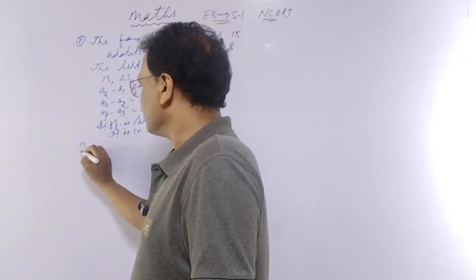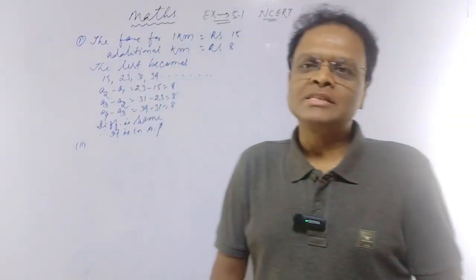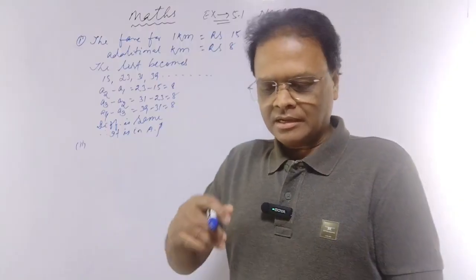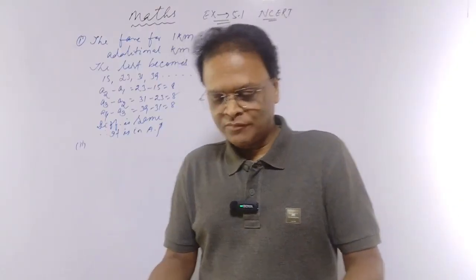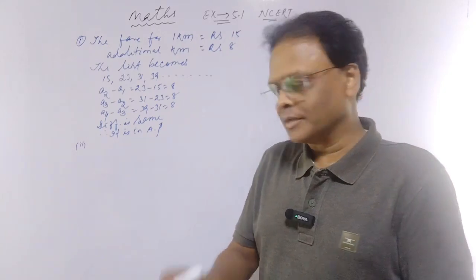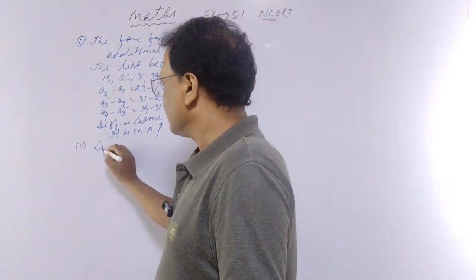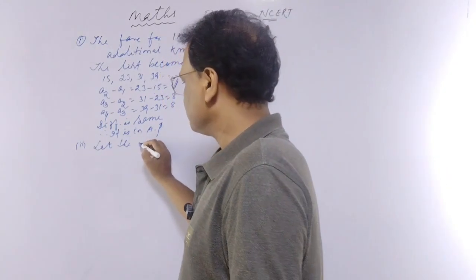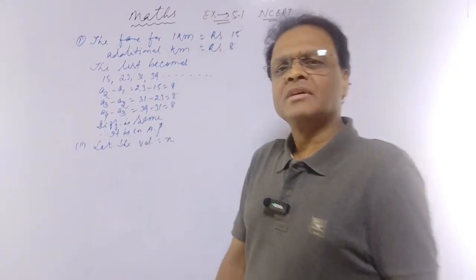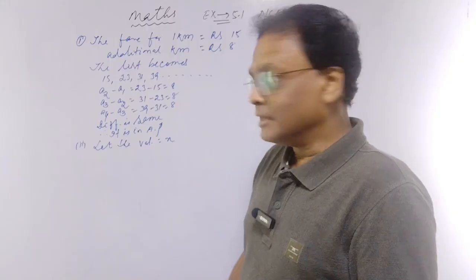Now the second situation, situation number 2. What is it telling? The amount of air present in a cylinder when a vacuum pump removes 1/4 of the air remaining in the cylinder. Let the volume of the cylinder be X liters.